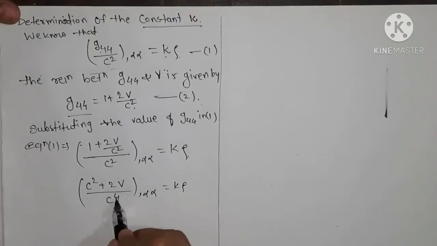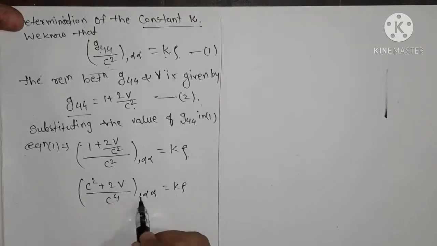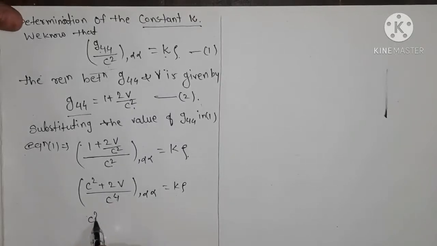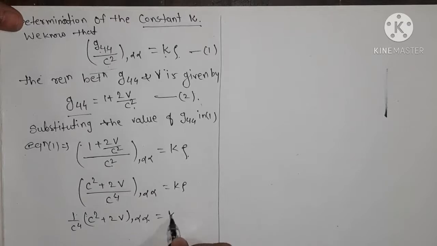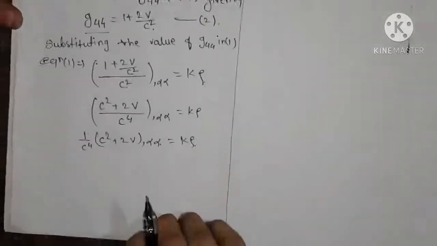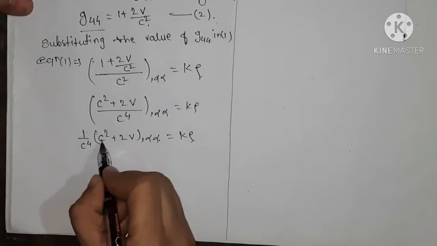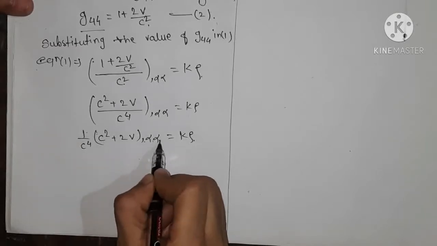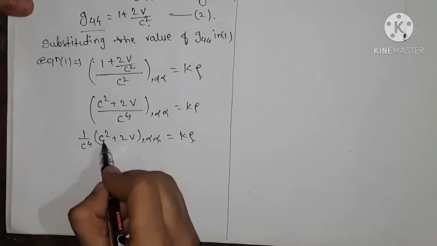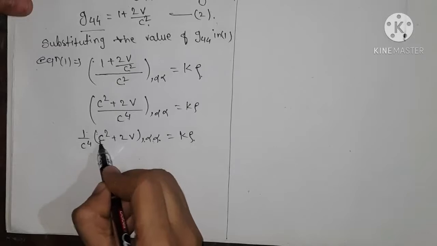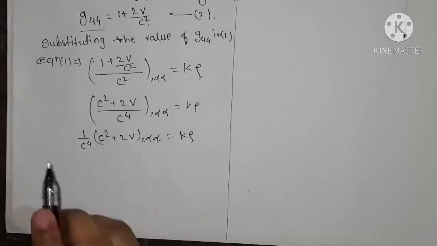As c to the power 4 is constant, we can take it outside the derivative, so we have c square plus twice V comma alpha alpha, and outside it we write 1 upon c to the power 4, which is equal to K times rho. Now if we differentiate the constant c square, it is equal to 0.